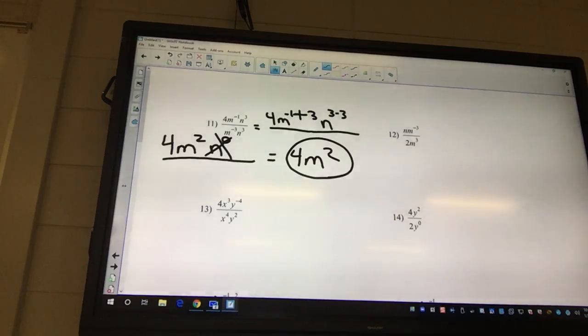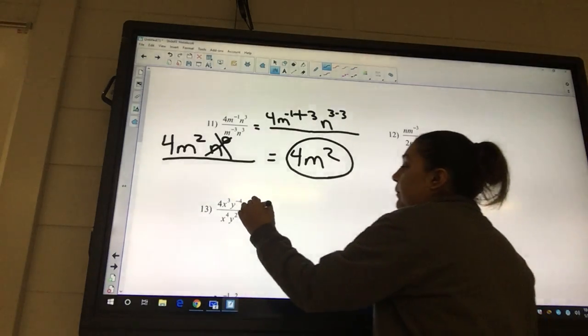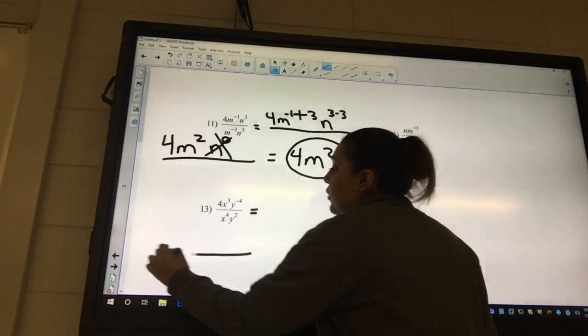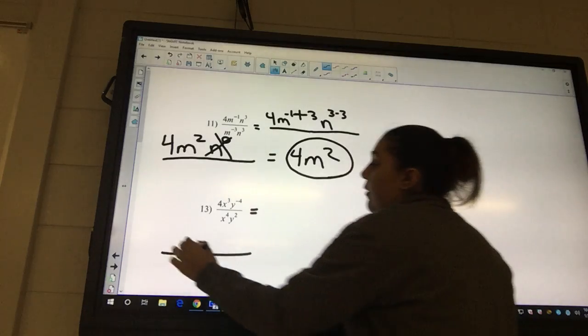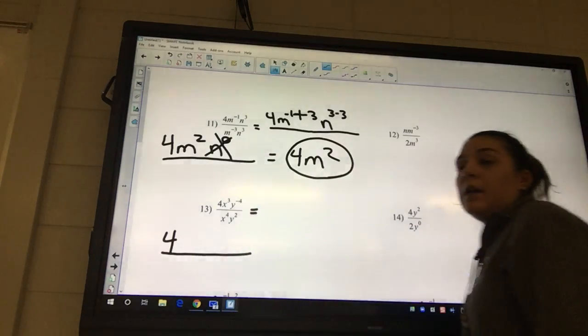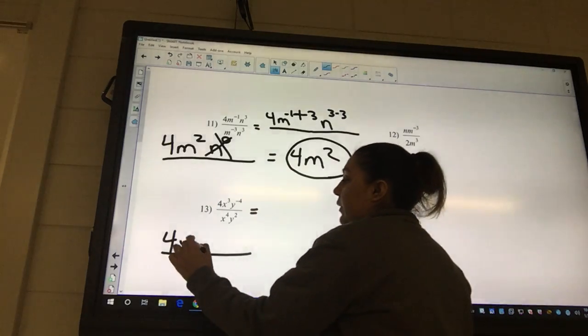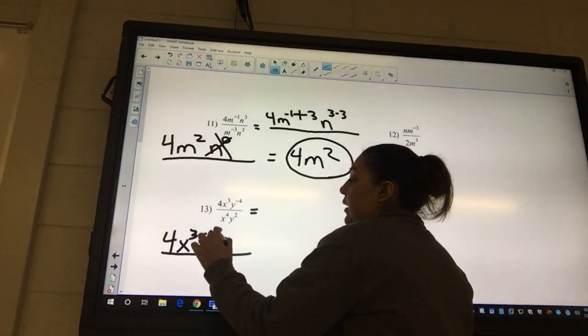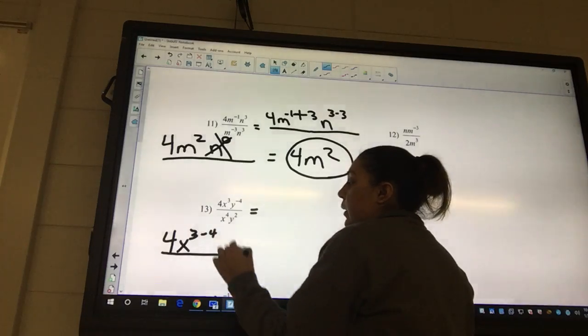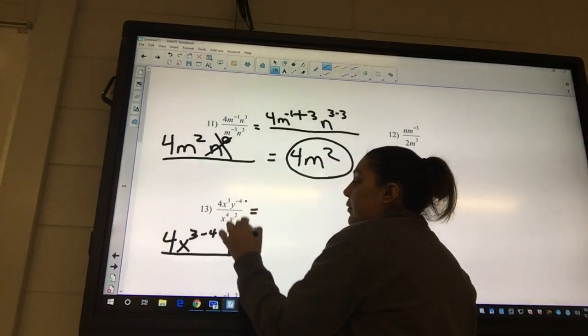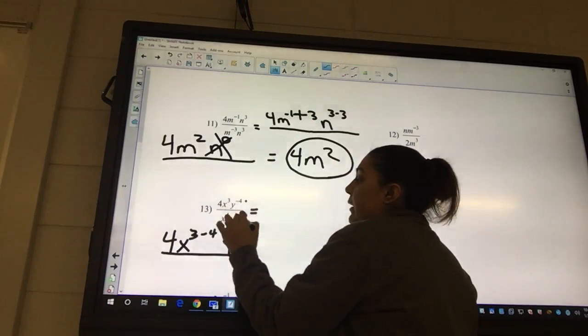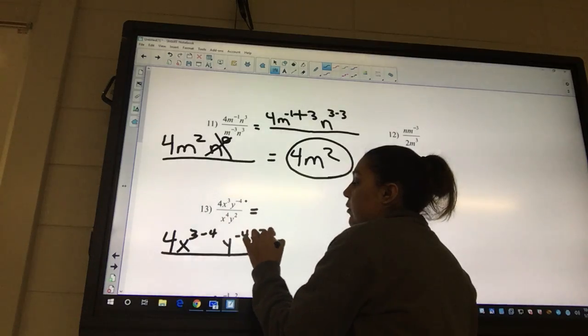Okay, look at 13. What's our first step? Draw the big numbers down. Okay, so I got 4, and then we can subtract all of our letters. Okay, so you're going to have x to the 3 minus 4. Top minus the bottom, so 3 minus 4. And my y's, I got a -4 minus 2.